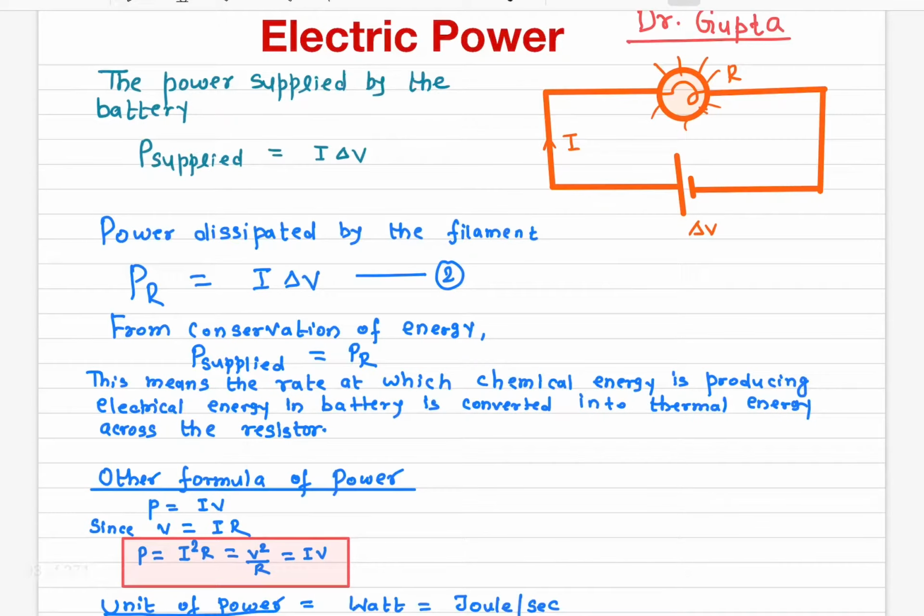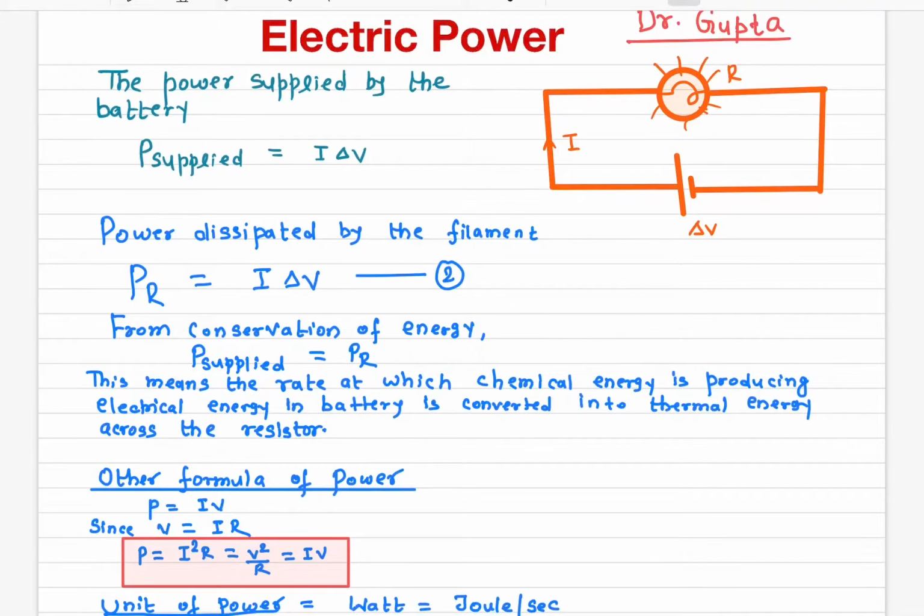As there is no energy storage at any point, all the energy that is dissipated by this filament is given by this equation 2, I times delta V, where the delta V is the potential difference across the battery or across the filament bulb.